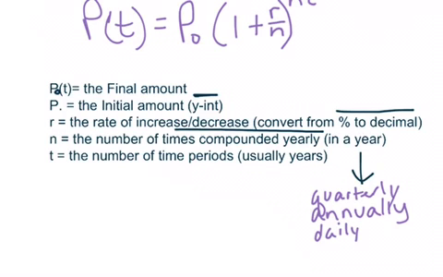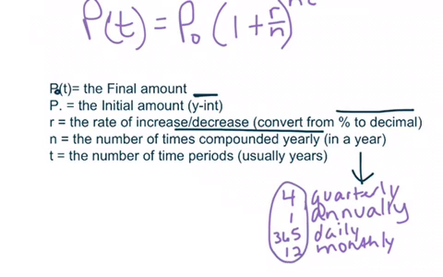Monthly. So quarterly, there are 4 quarters in a year. Annually, that's 1 time a year. Daily, there's 365 days in a year. Monthly, there are 12 months in a year. These are the numbers you would put in if your problem had these words after compound.